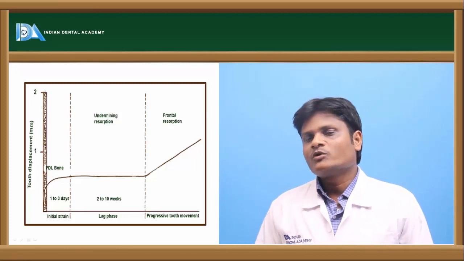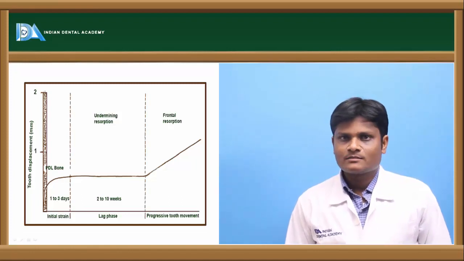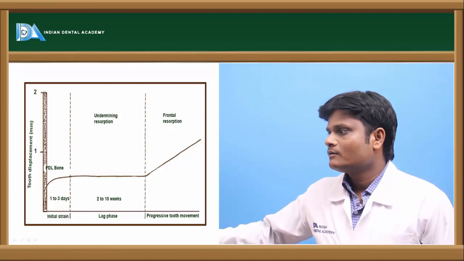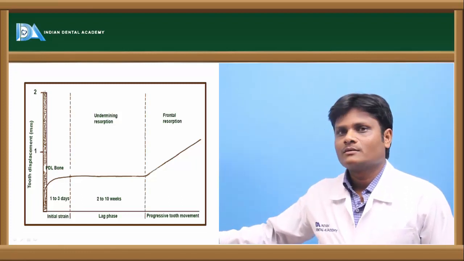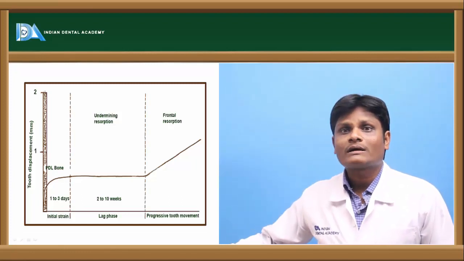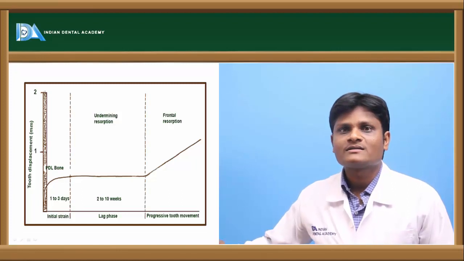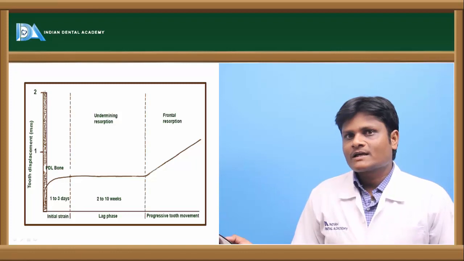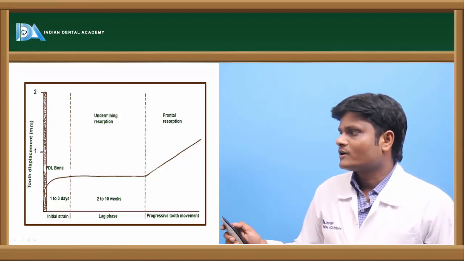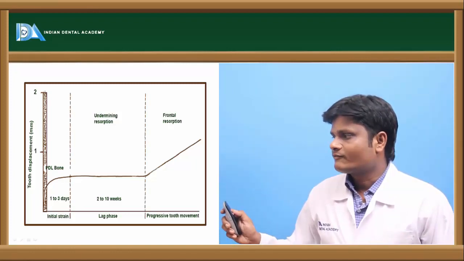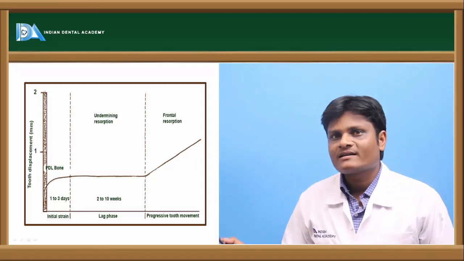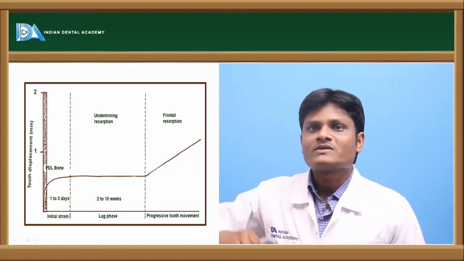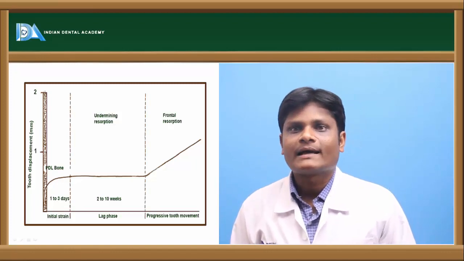Once the tooth has moved within the periodontal ligament space, it will undergo a lag phase, where undermining or indirect resorption occurs due to hyalinization. This phase will continue over a prolonged period of time, after which, once the hyalinized tissue is removed, the tooth will again show a rapid phase of movement, which is called the post-lag phase.